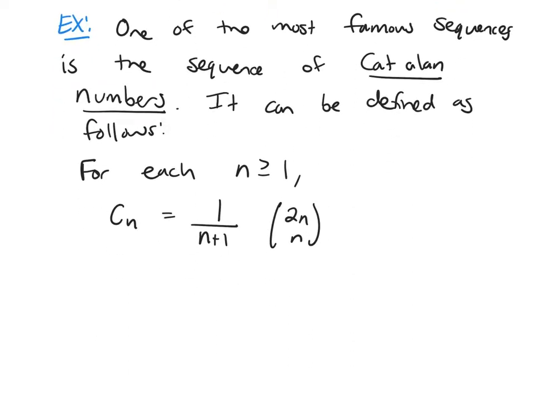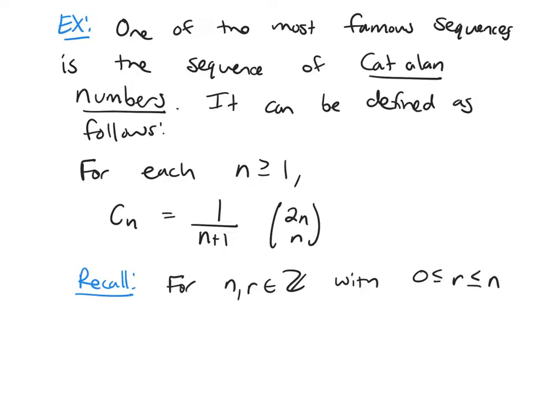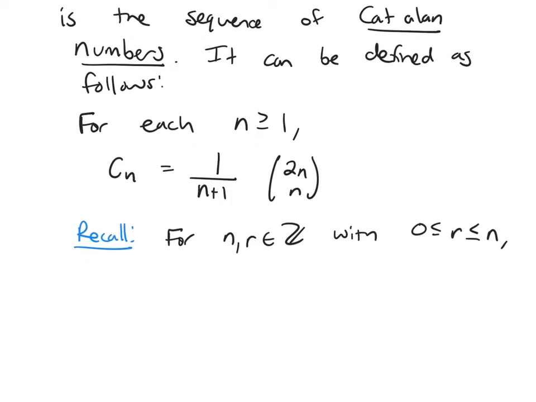I'll just remind you of this formula we saw previously. Recall that for integers n and r, which need to be positive, with r less than or equal to n, n choose r has this really nice formula: n factorial over r factorial times n minus r factorial.